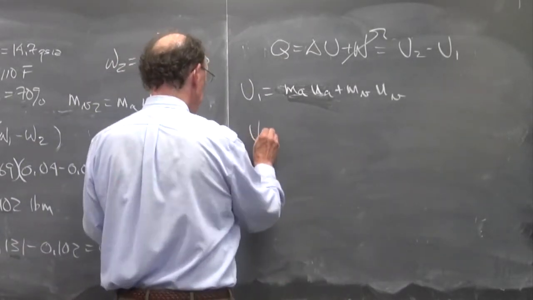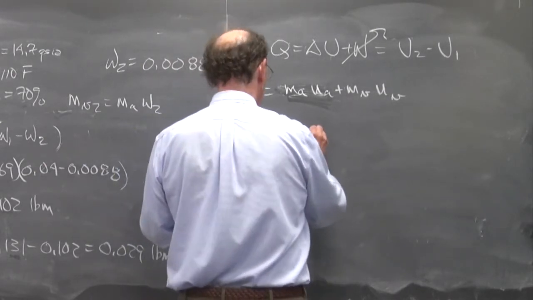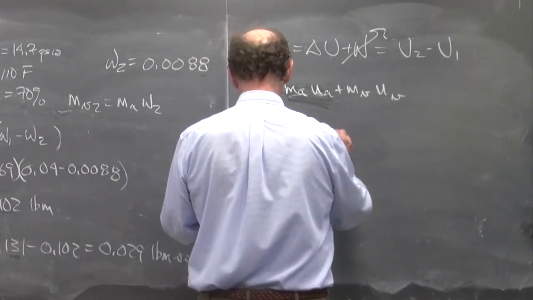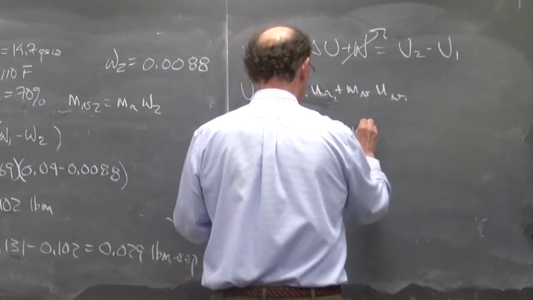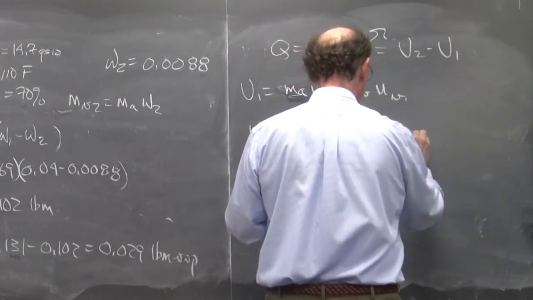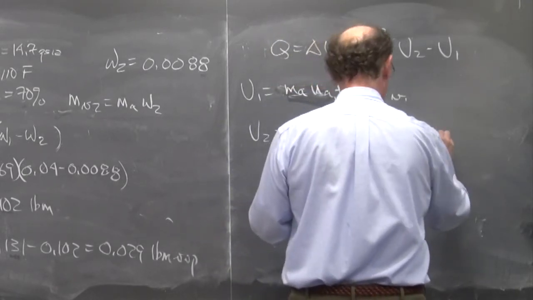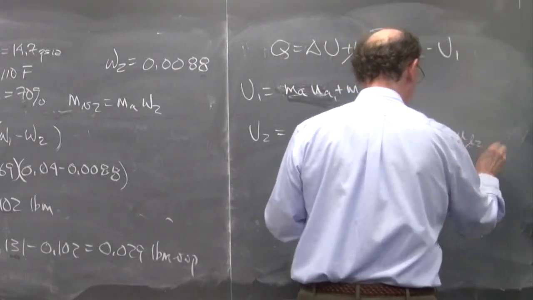And U2 is equal to MA UA2 plus MV UV2 plus ML UL2.